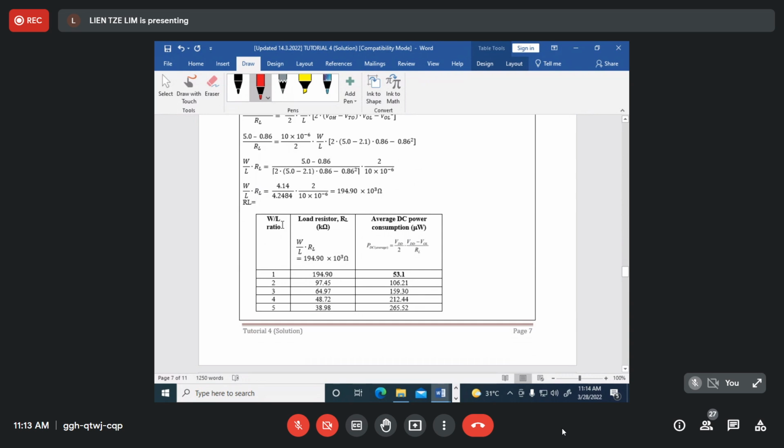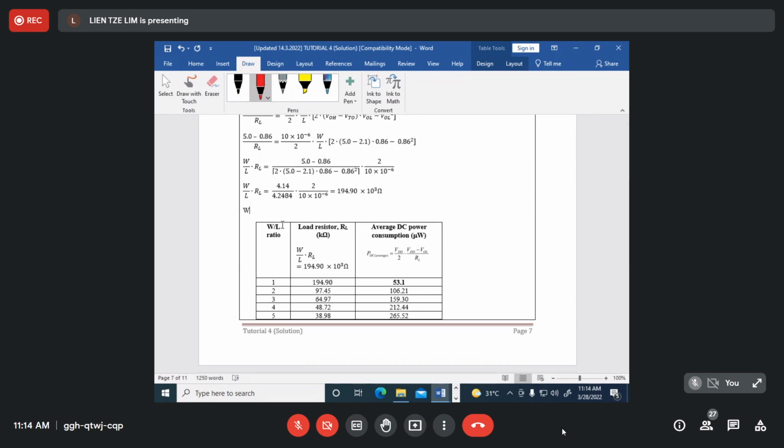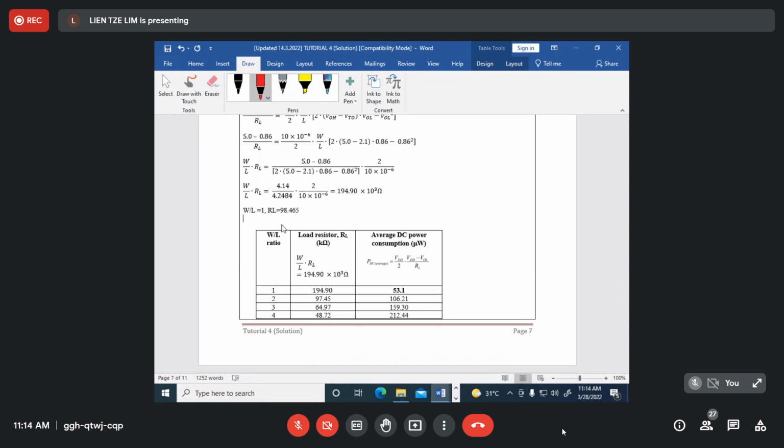Never mind, we can check together because there can be a different method of doing it. When width over length, RL is 96 point... 98.465. Then 83.9.